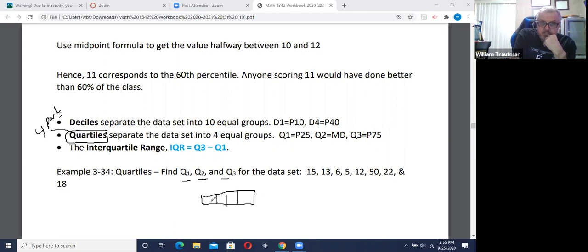Do you see how we have 4 parts here? We call this Q1, Q2, Q3. This is the spot that stops Q1. This is Q2, Q3.